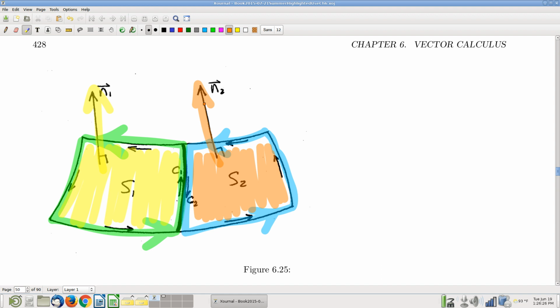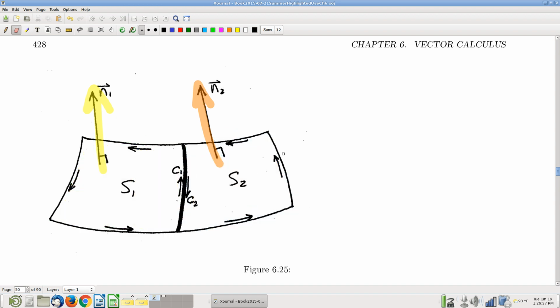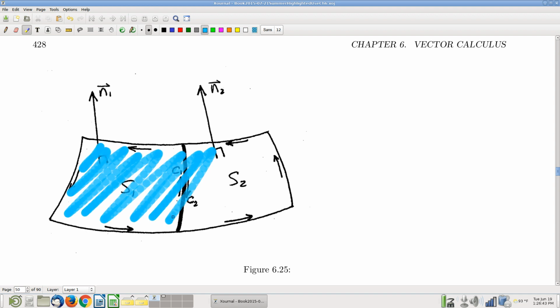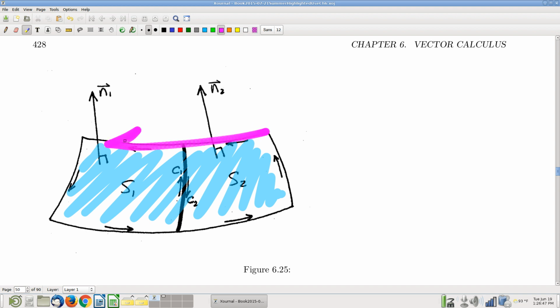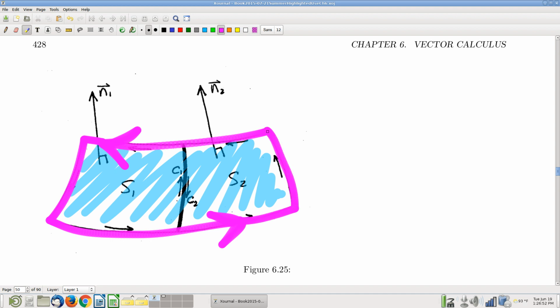if I take the green oriented boundary and the blue oriented boundary, when I add those up, do I get the same thing as the oriented boundary of the whole thing? In other words, if I were to look at the entire surface, look at its entire oriented boundary, would I get the same thing?